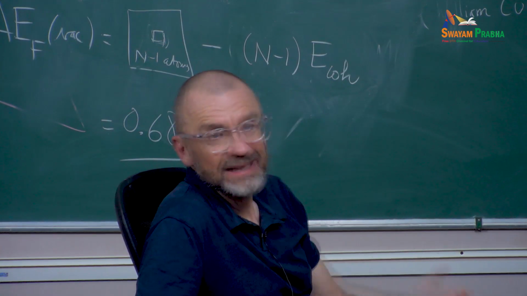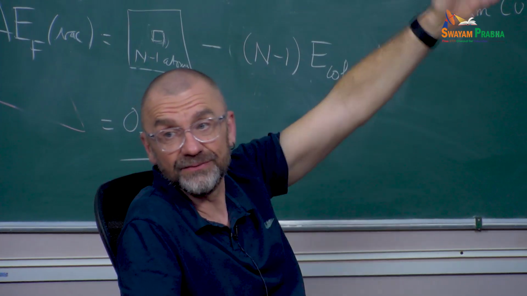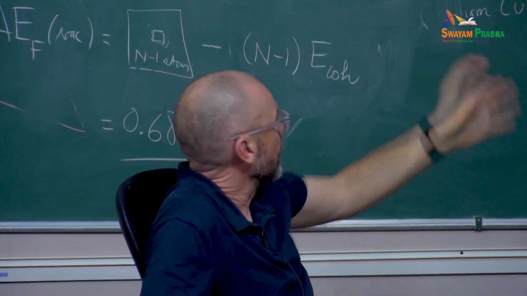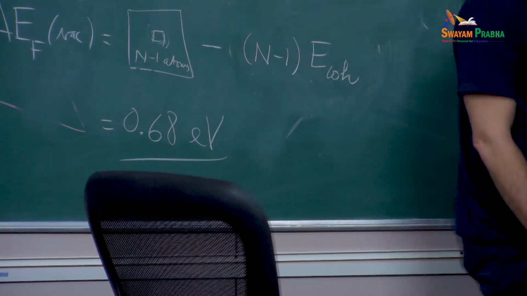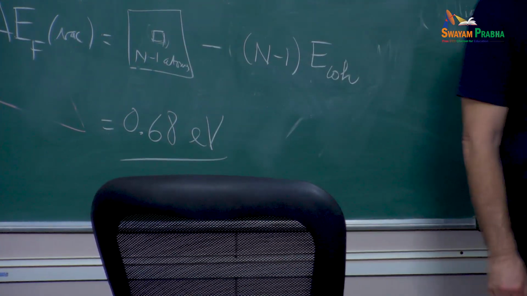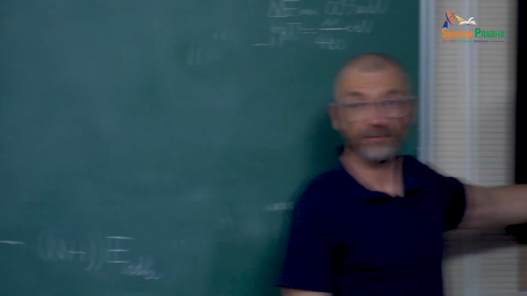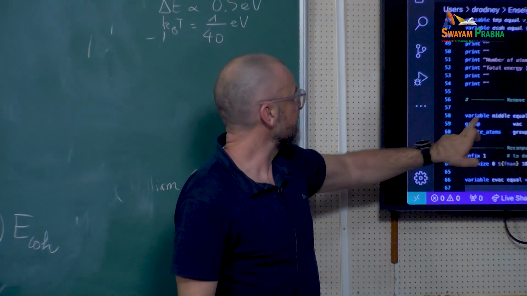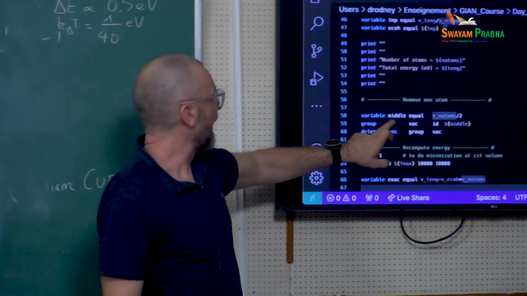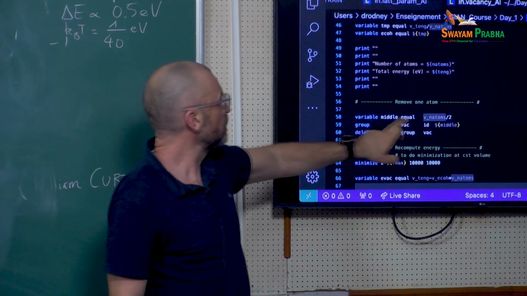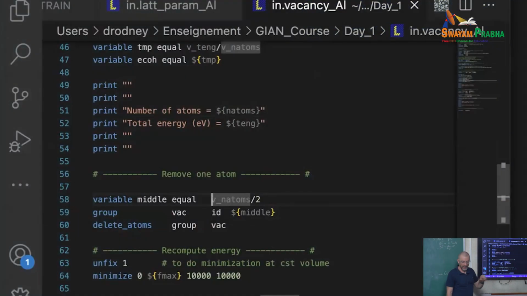LAMMPS has zillions of scripts or commands. In this one, they have one command that allows you to remove one atom from a cell. It's this delete_atoms. So what I'm saying here is that with this variable, middle will be equal to... I have n atoms in my cell.